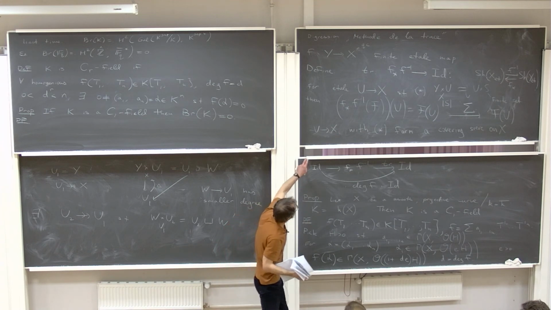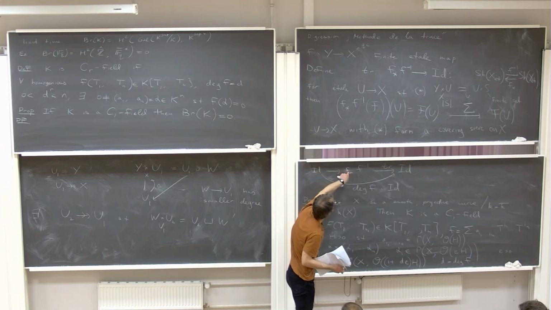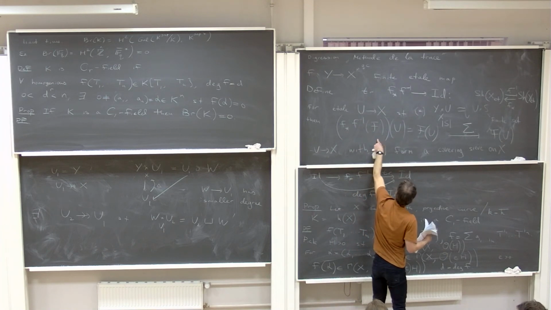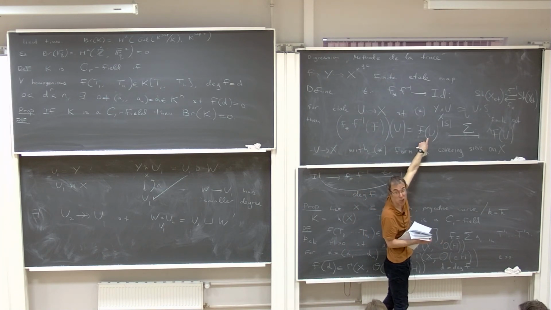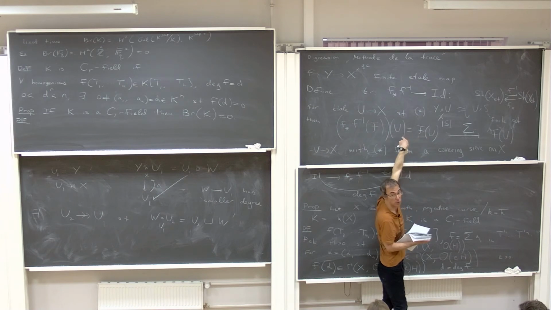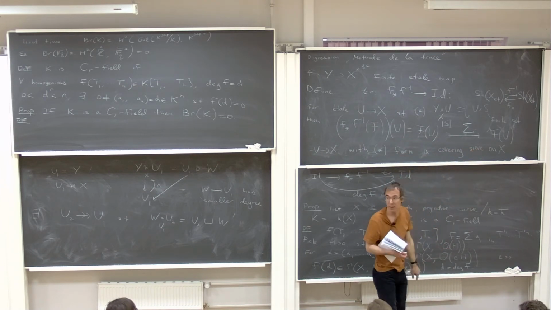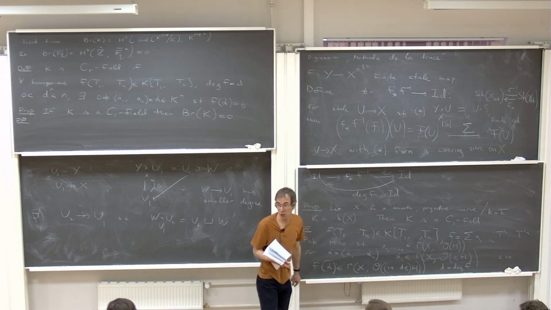That is because the first map, on such U, is the diagonal map from F of U to this direct sum. So the composition of the diagonal map and the summation map is multiplication by the cardinality of S, which is the degree.